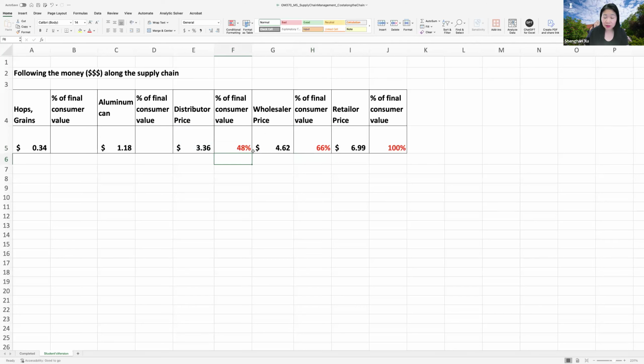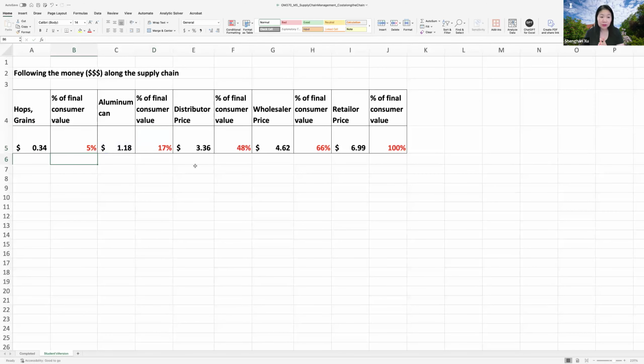The distributor accounts for 48% of the final cost that the consumer pays. And then the aluminum can, the material cost divided by $6.99, is 17%. Now this is the grain and hops, the raw material, right? And this divided by $6.99 gives us 5%.